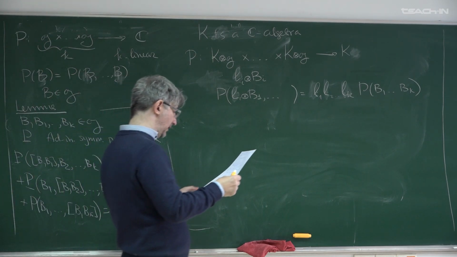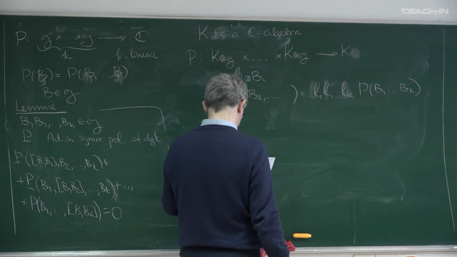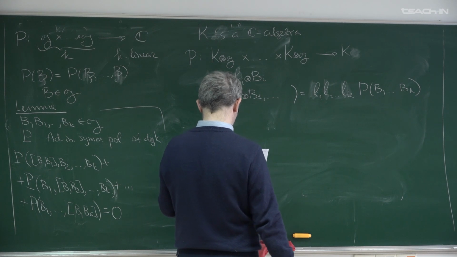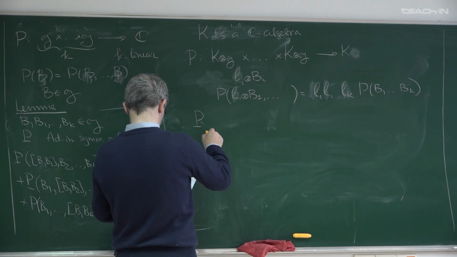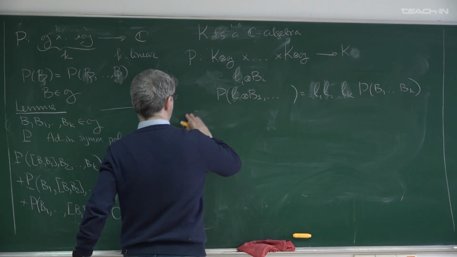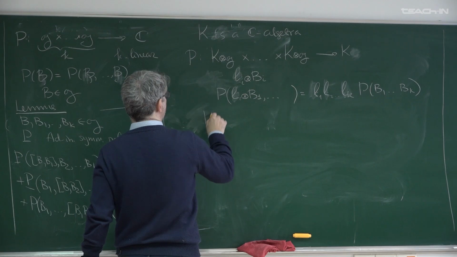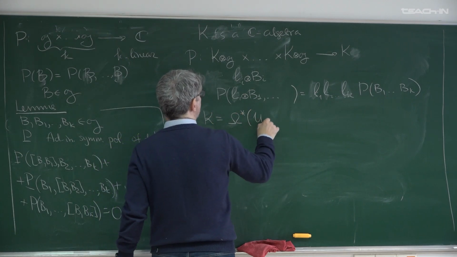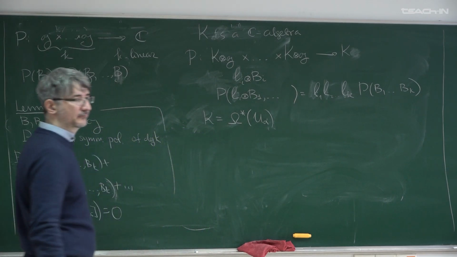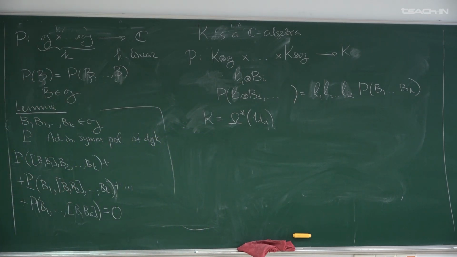Very good. Now, I have a question. We will consider, for K, the algebra of differential forms on a trivializing chart U. So it's graded commutative.